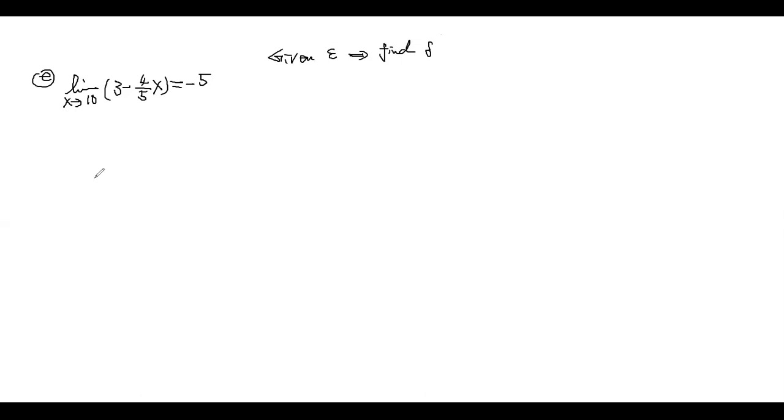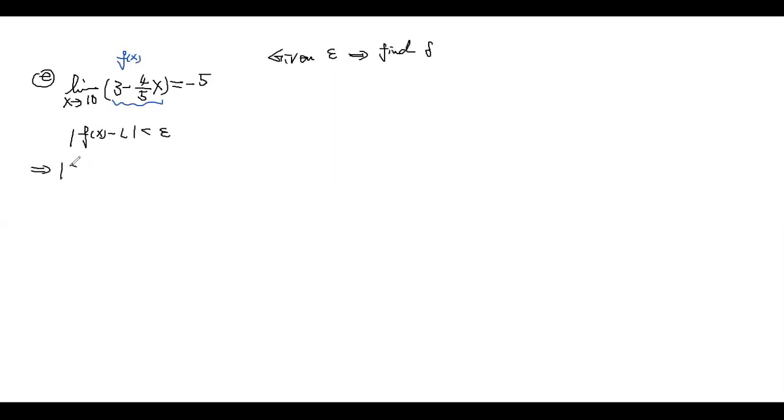So when we do this type of problem, we always start with the epsilon. So this is my f of x function. The way we always start is: the absolute value of f of x minus L is less than epsilon, right? That's our formal definition here.